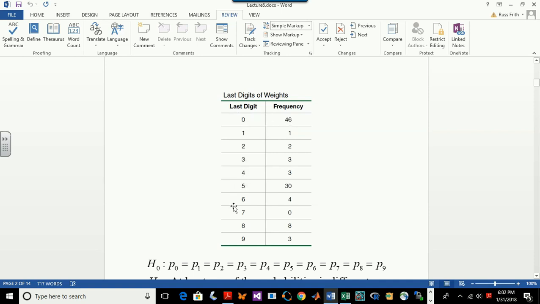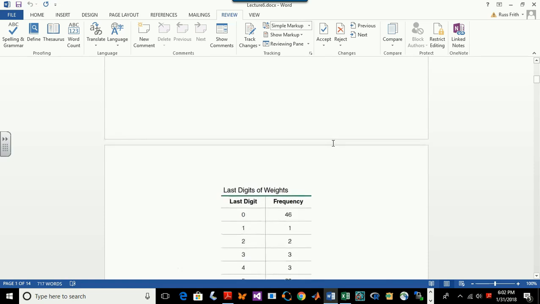That's an indication that they actually didn't weigh themselves, but made up something. If the last digit is something other than 0 or 5, then there's an indication that that individual acted in good faith and actually measured the weight. So that's the problem here.